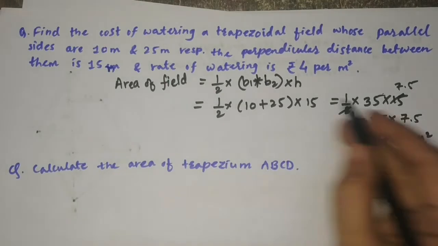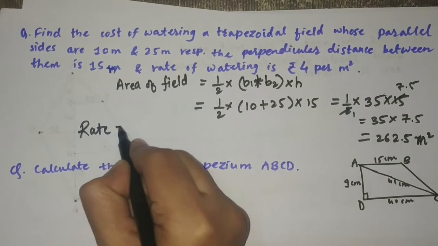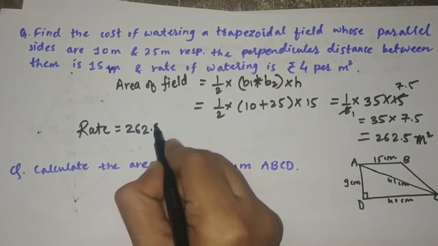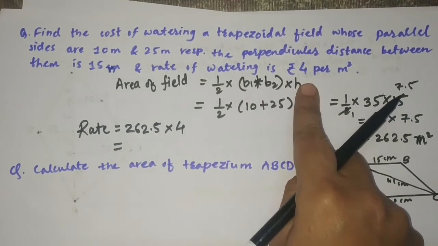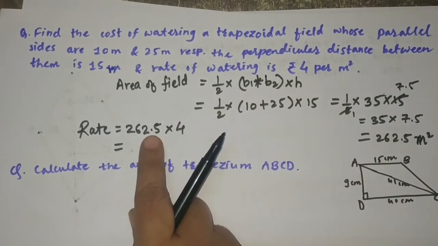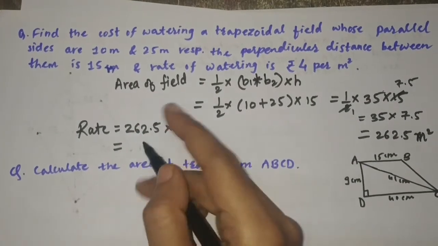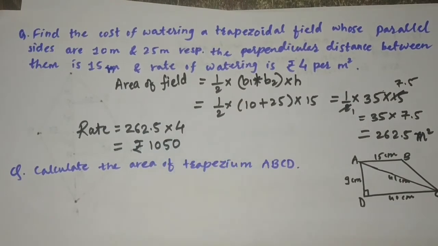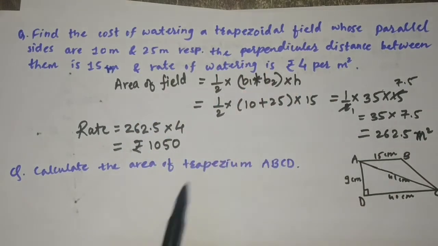Now for watering, the cost is equal to, we'll multiply this 262.5 with this 4, because for 1 meter square it is rupees 4. We have to water this area 262.5. So friends, we get here rupees 1050. So this much amount is needed for watering the whole trapezoidal field.